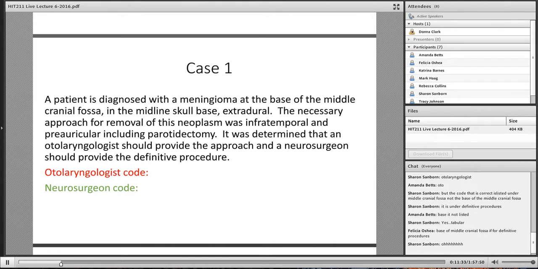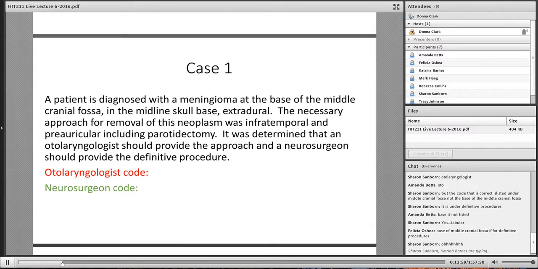So for example, your craniofacial, middle craniofacial, that's the way we're getting there. Now, the definitive procedure code pretty much describes the surgical intervention being used for the surgery. So that's when we're going to need the definitive procedure, which is what we need now.